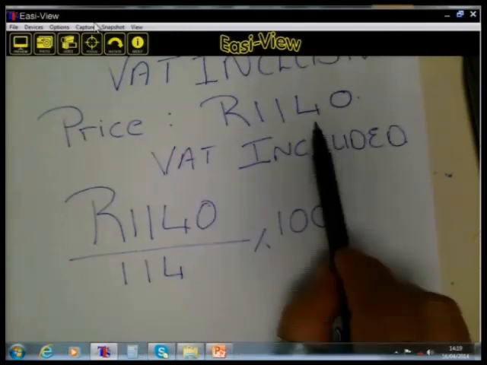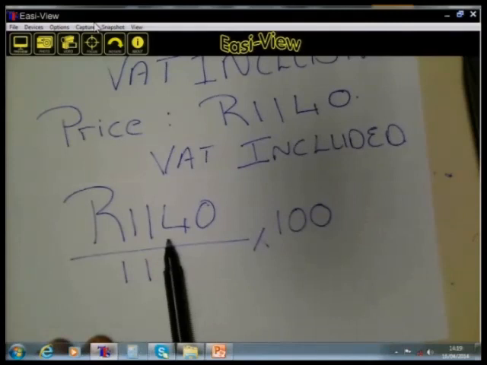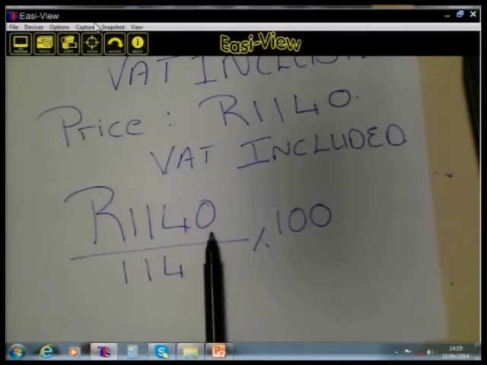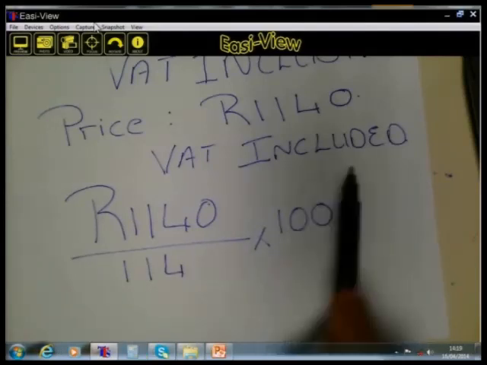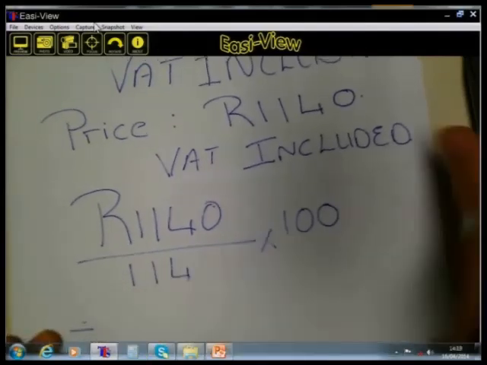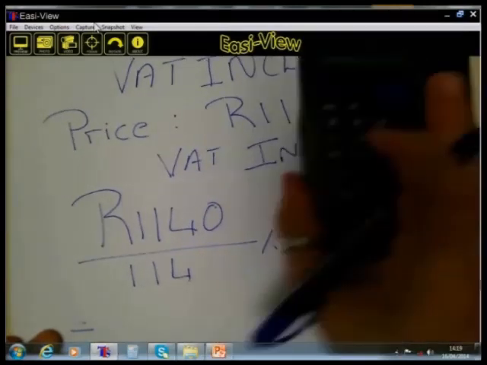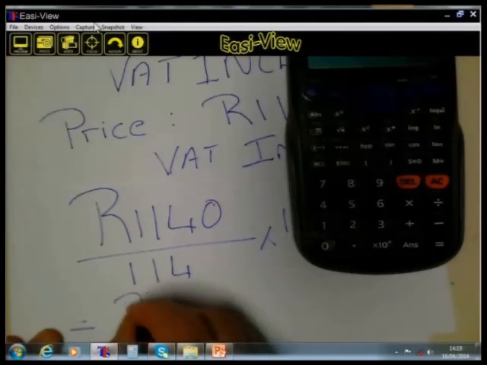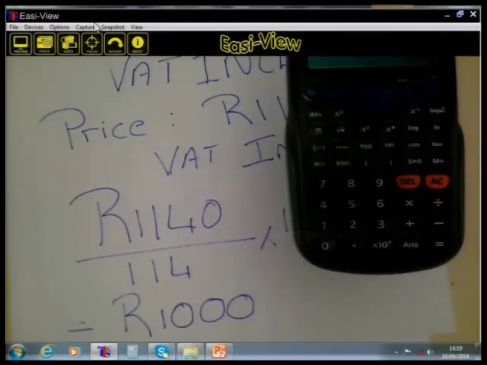So in this case, what was given was 1,140. So I start with my 1,140, and now I divide by 114, and I multiply by 100. If I do that on the calculator, you will see I have my 1,000 rand back again. The price of the article without VAT.